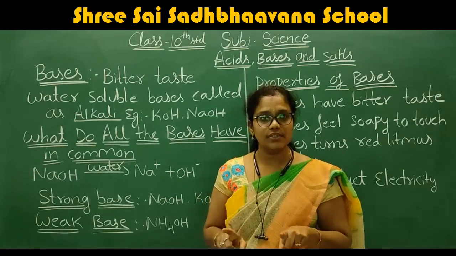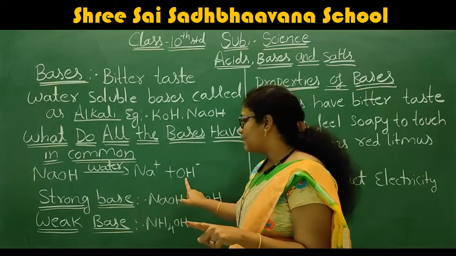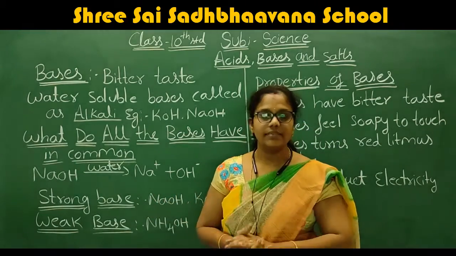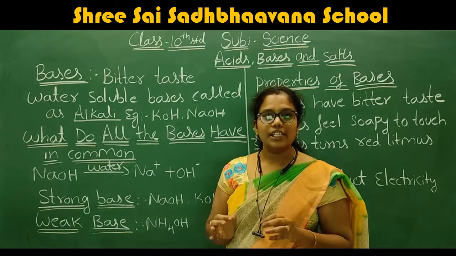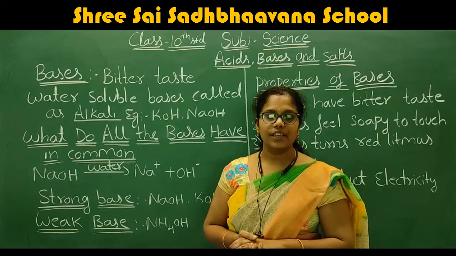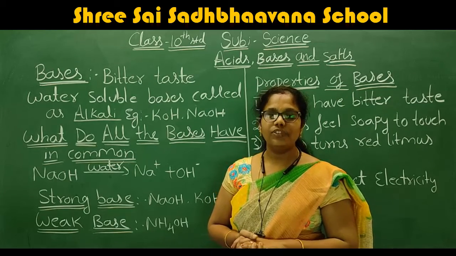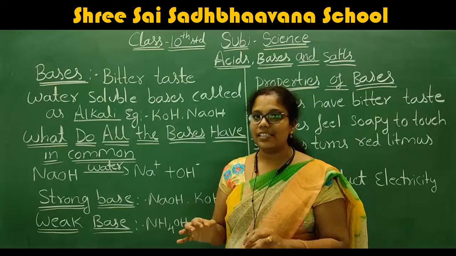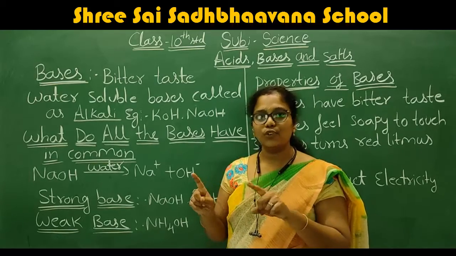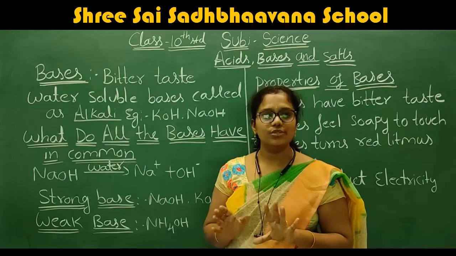KOH also ionizes to form K plus and OH minus. Another example, NH4OH. It also ionizes to form NH4 plus and OH minus.